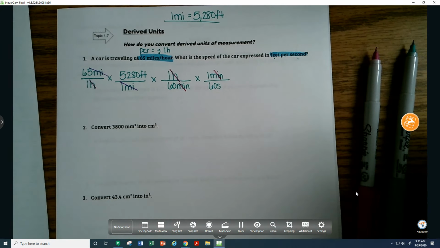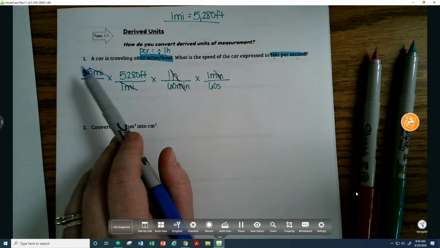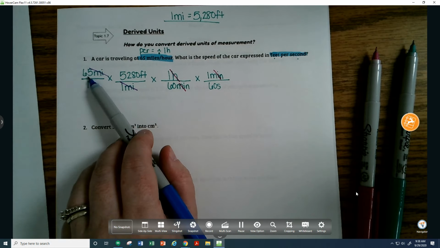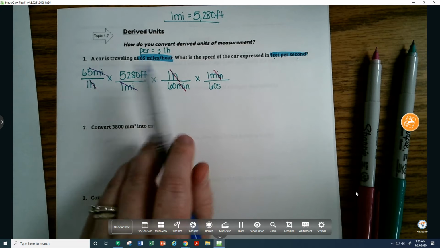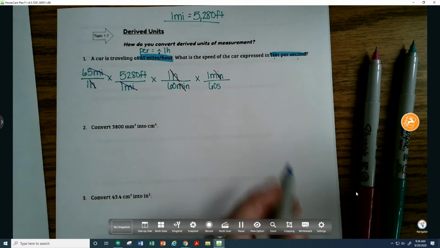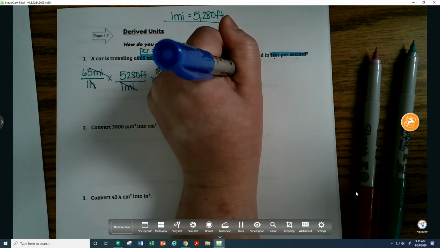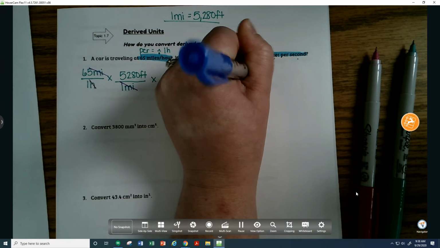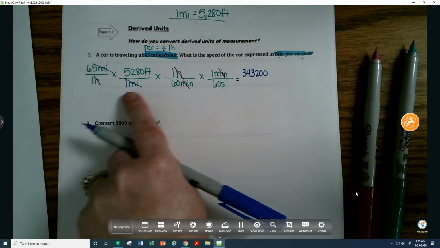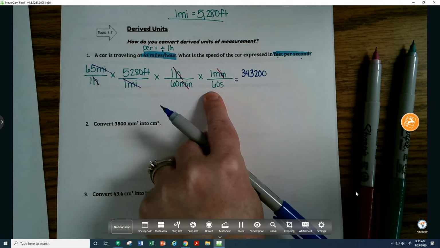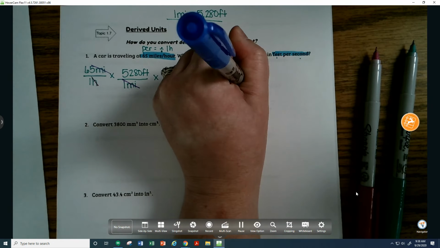This is where it becomes important to solve it in two steps. So go ahead and multiply 65 times 5,280. Don't worry about sig figs until we get all the way to the end. So what we get here is 343,200. Okay. In the bottom, multiply everything across. So 60 times 60 gives us 3,600.